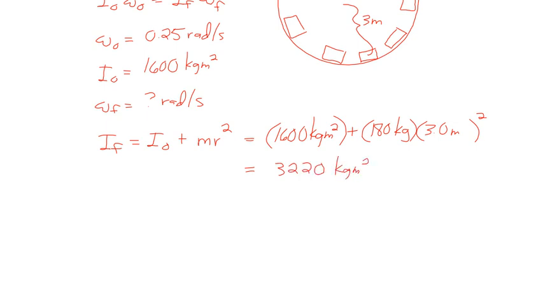So it about doubles. It's a little bit more than doubling it, but what that means is that this amount right here, if this is 1,600 and that's 3,220, then this is 1,620. So the mistake that I see people make on the test is they'll put their original as 1,600 and then they'll put their final as 1,620.